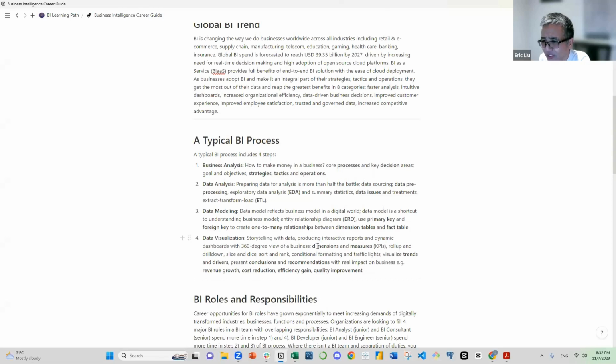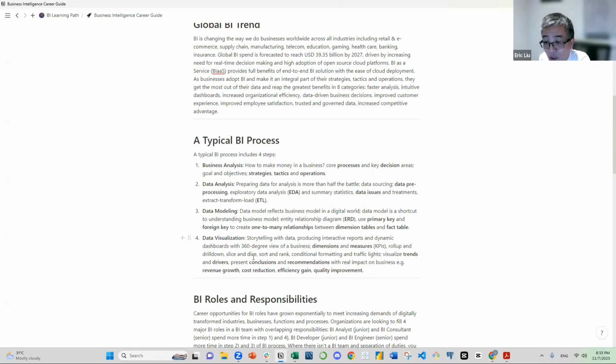This is where you define how many dimensions you need, the who, what, where, when, how and why, and the measures, which you can call KPIs or metrics. And then you can use the data model or data cube. You can roll up and drill down, slice and dice, sort and rank, and you can use traffic lights and conditional formatting to highlight the unusual trends and drivers.